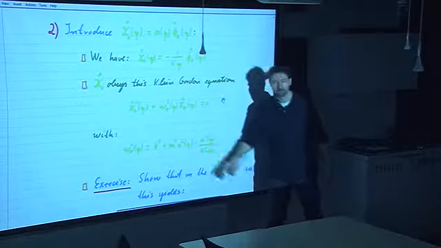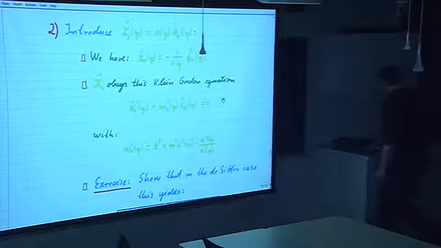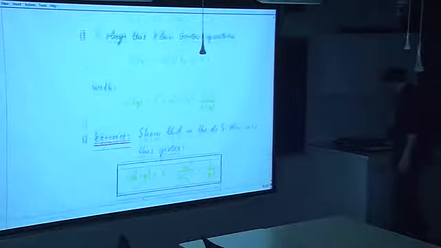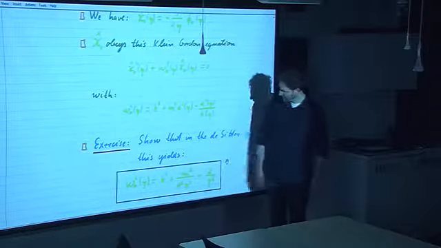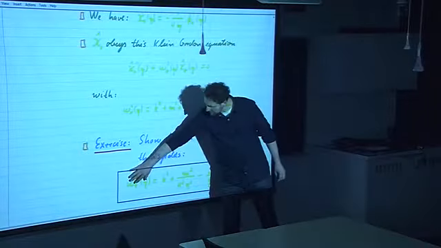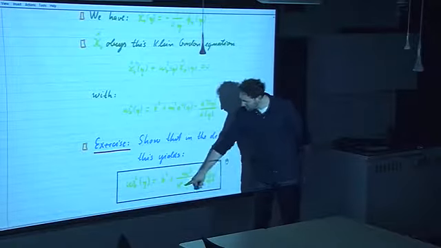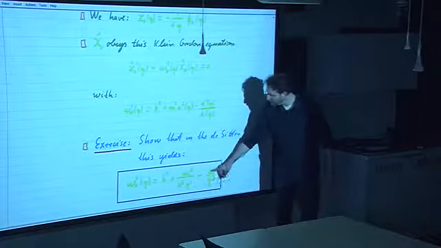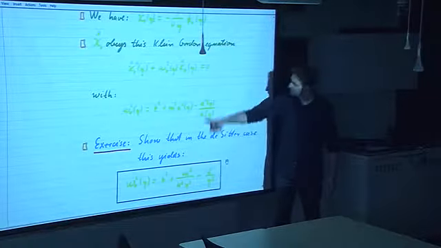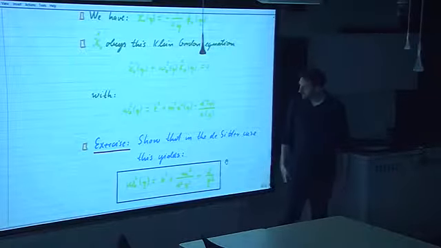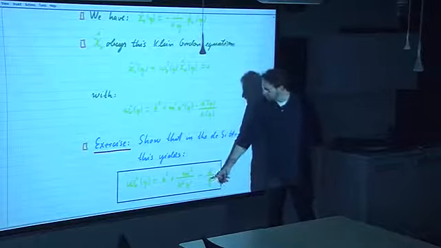Because a goes like 1 over eta. So I leave it to you as an exercise to fill in the details. The outcome of the calculation is this. Omega squared is k squared plus m squared over h squared eta squared minus 2 over eta squared. That is all that's left from this mysterious thing. For the de Sitter universe, that's what it is.